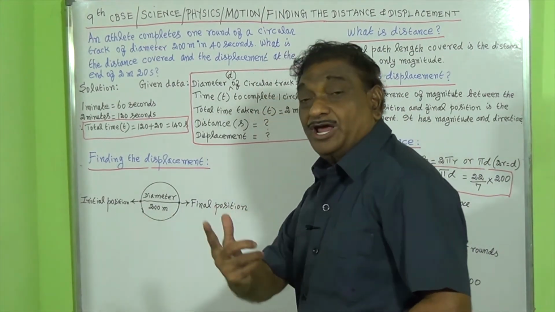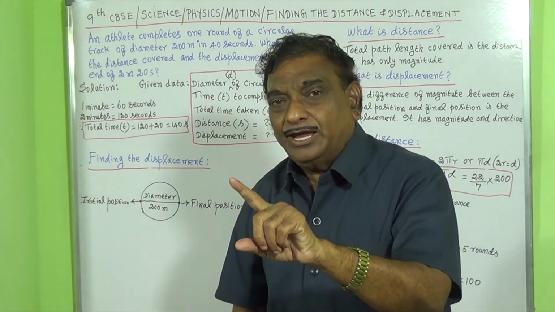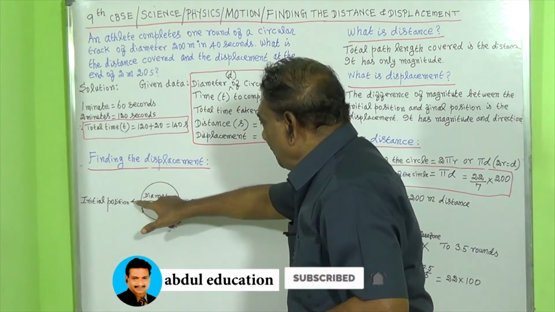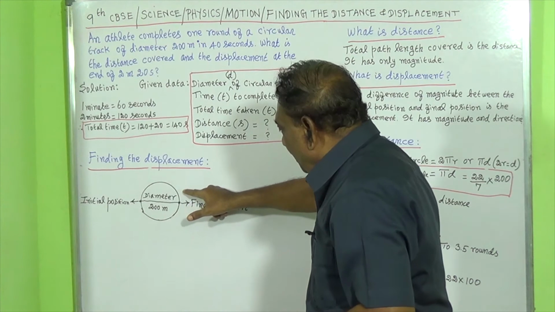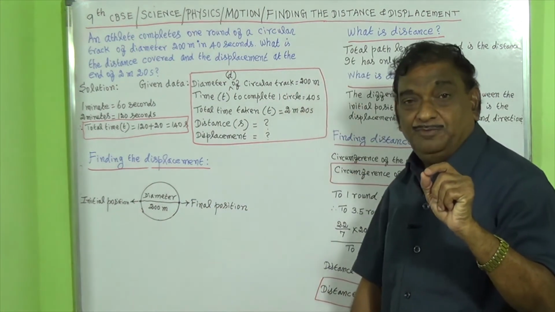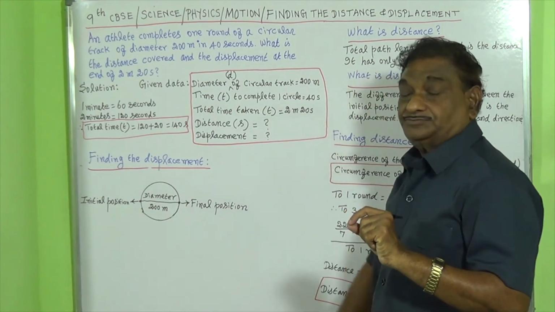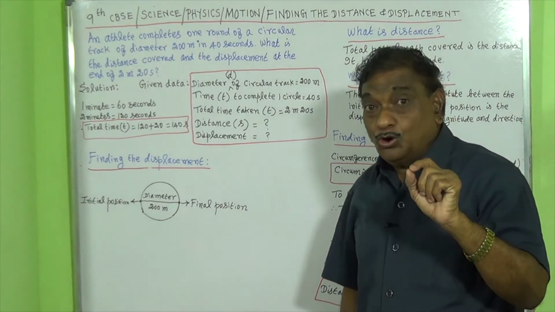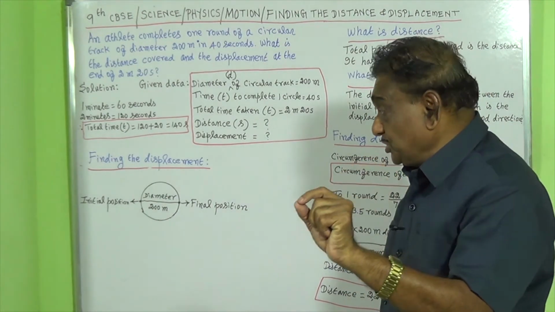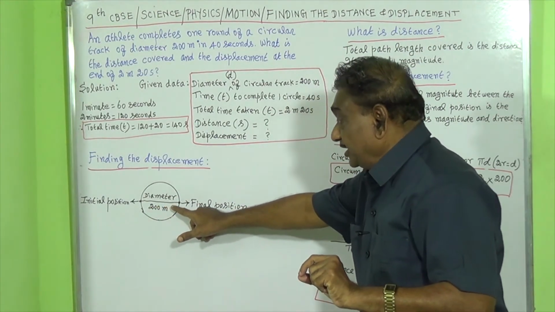Then after completing the 3 rounds, he completes the 0.5 round. When he completes the 0.5 round, he will be at this position. That is, it will be the final position. So the difference between the initial position and the final position is 200 meter.